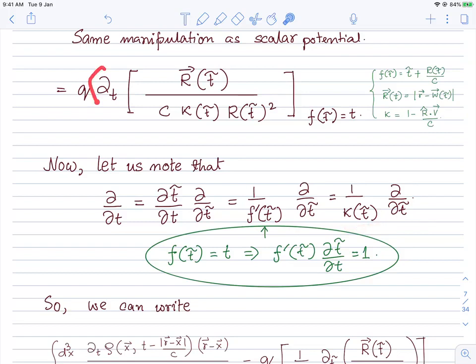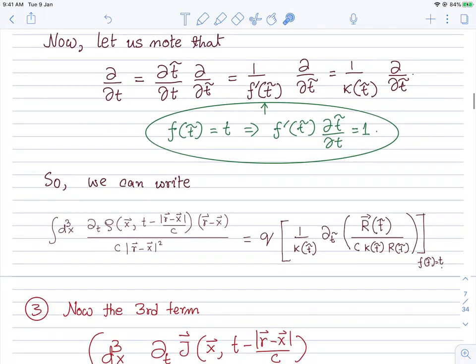So because of this, we can take this time derivative and make it into a t tilde time derivative and divide by kappa of t tilde. But ultimately, everything inside is a function of t tilde.